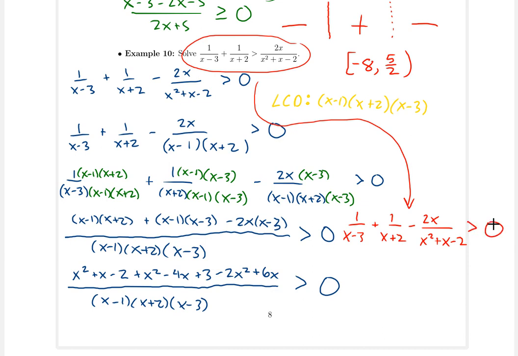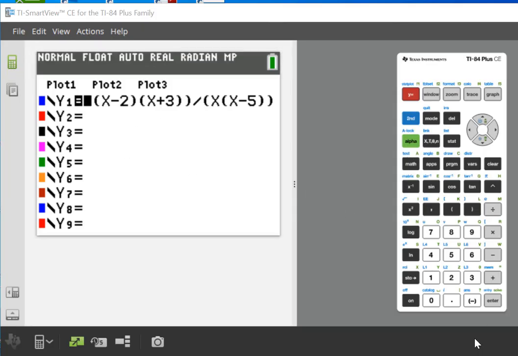than 0, right? So we don't want to lose sight of the fact that we can put this into y1, and then we're just checking to see when is y1 greater than 0. So let's just do that and confirm that we have the correct answer here. So let's see. Get rid of this one.